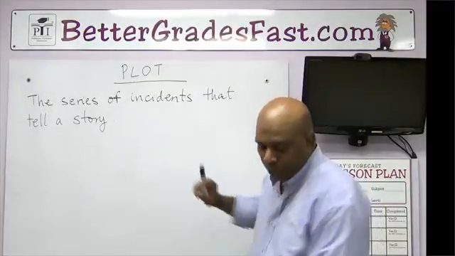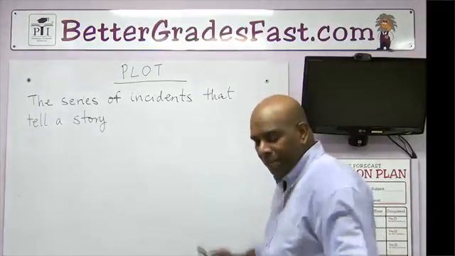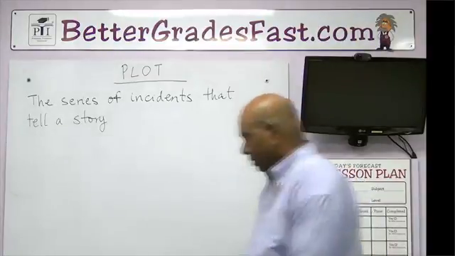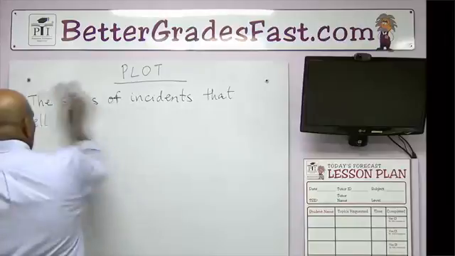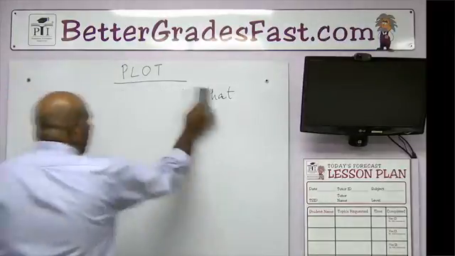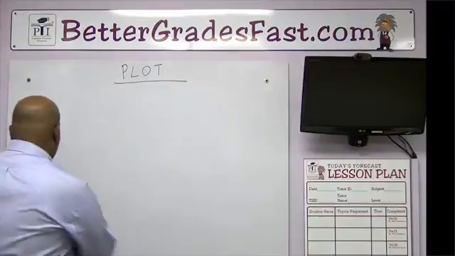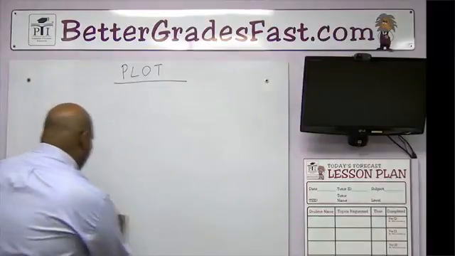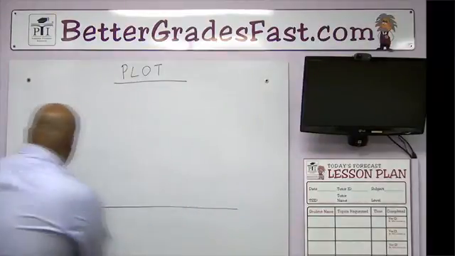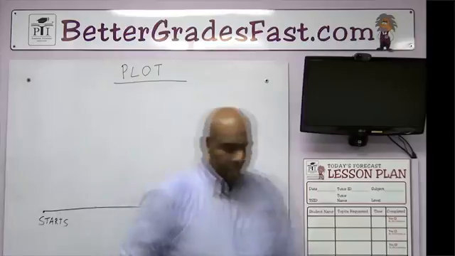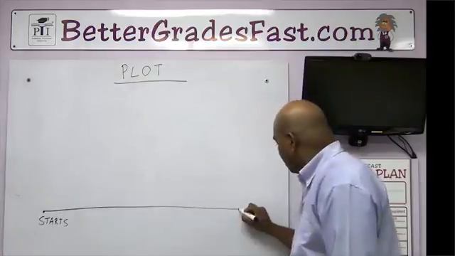Okay? Now, there are 5 main parts of a plot that tells the incidents. So, if you would follow me here on the whiteboard, let's take a look at it. Our plot moves like this. It's like a line. It begins at one place, so it starts here, and it ends at another.